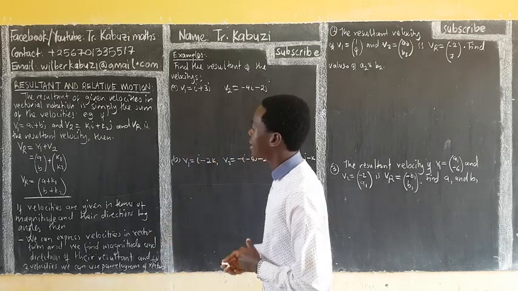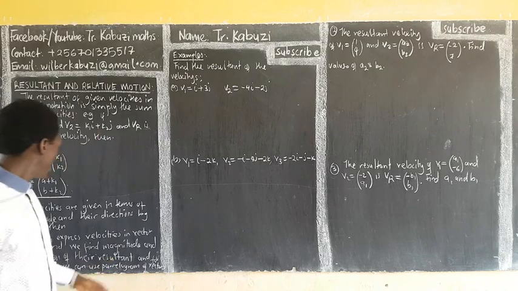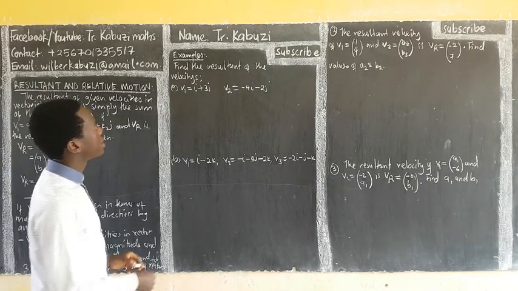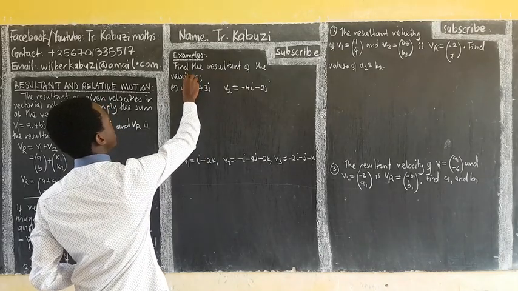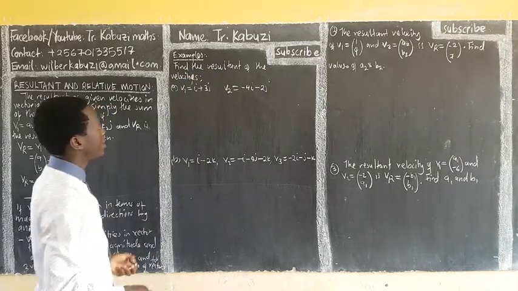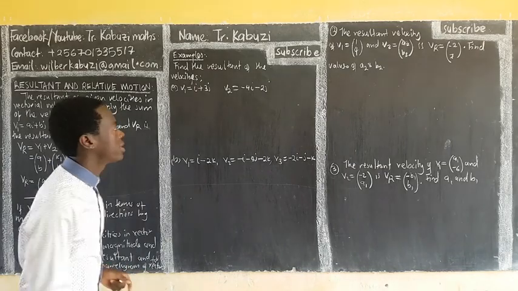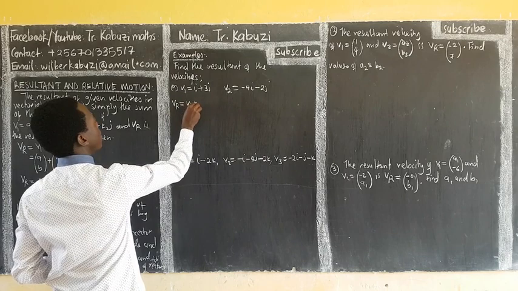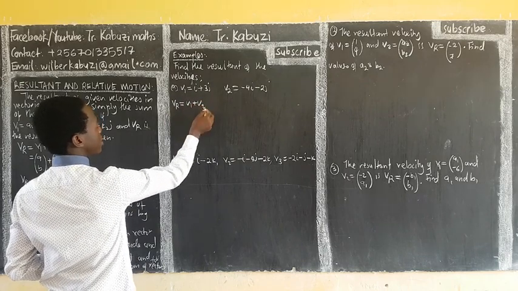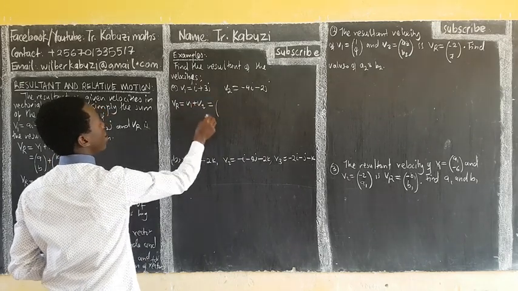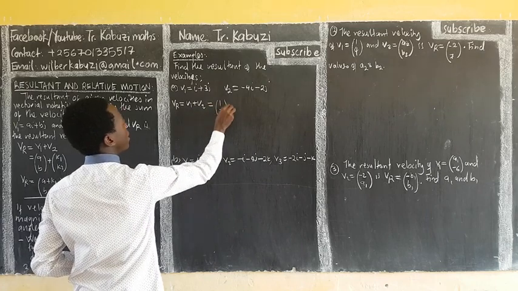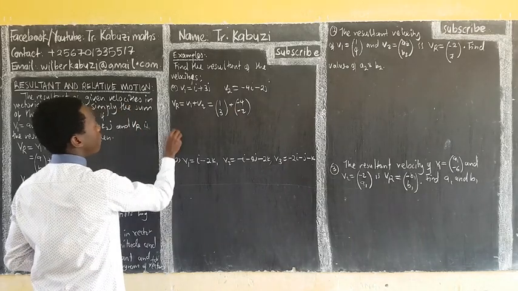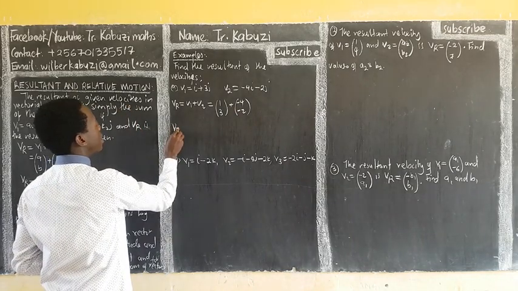When that's possible with these simple ones, we are going to come to this. Find the resultant of the velocities, this and this. So now they are in vectorial notation, meaning our resultant VR is going to be V1 plus V2, which is going to be our V1 as 1, 3, then plus V2, which is negative 4, negative 2. And from there, we get our resultant vector.